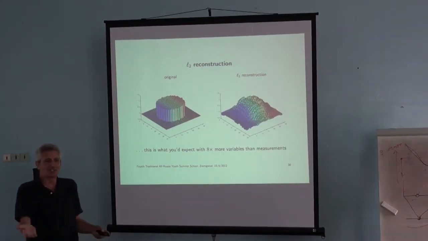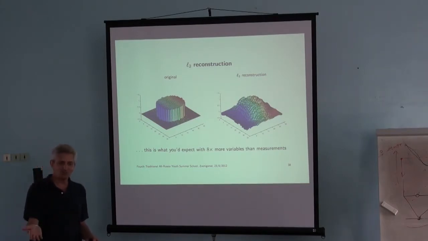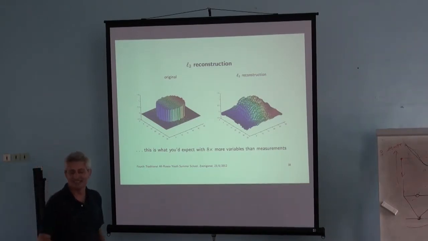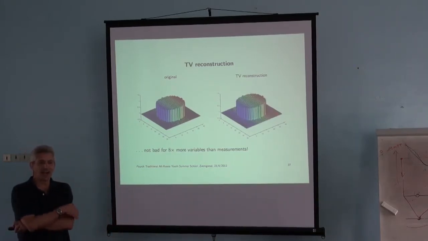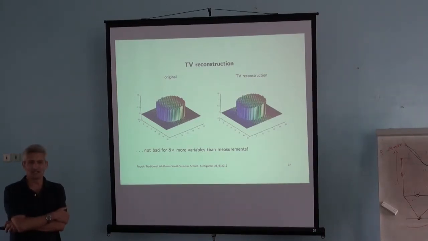No, it's not like this is some magic thing that works, but it is also at the same time true that I can describe what's happening here, and I can put it in a way that sounds ridiculous. I can say, I just estimated perfectly 1,000 numbers based on 120 measurements. And it's true, I did.